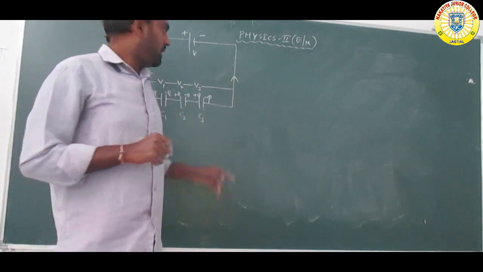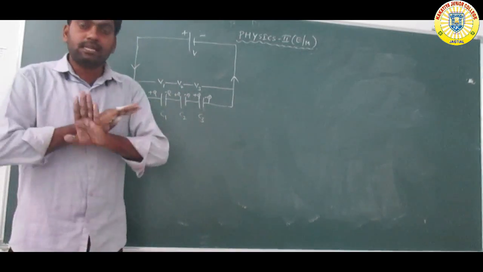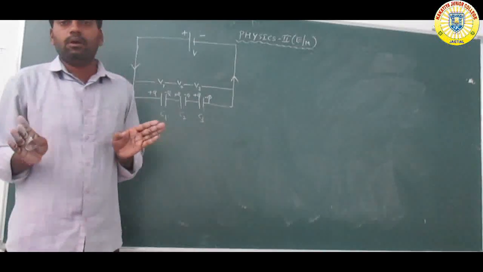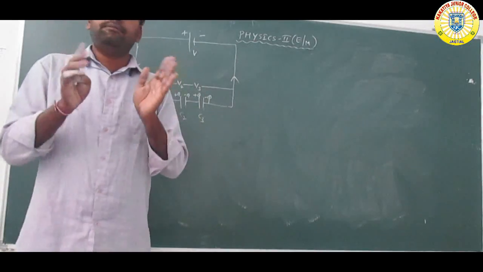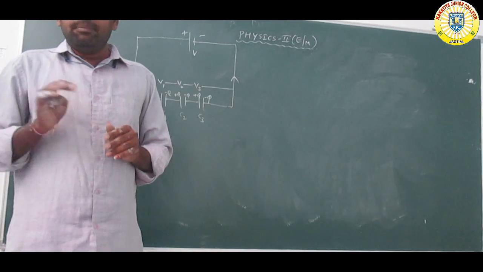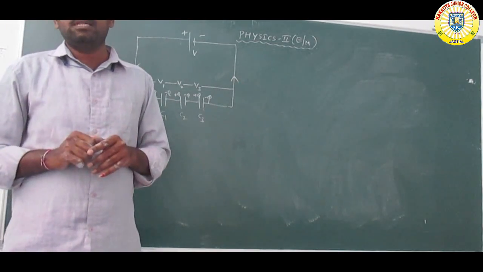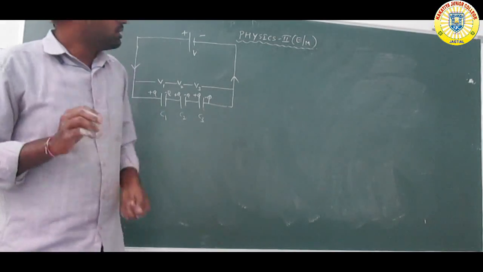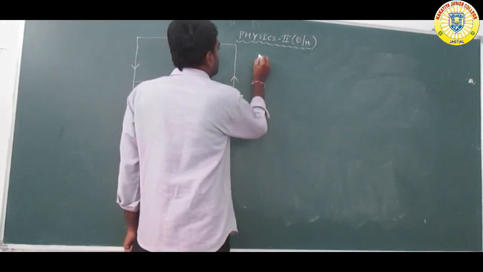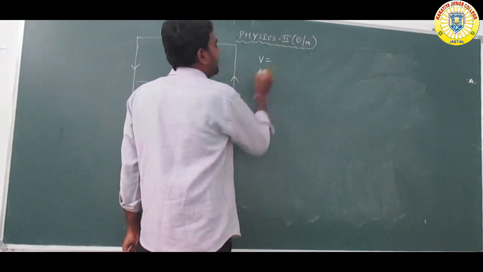The charge on each capacitor is the same, but the potential difference is different. That means V1, V2 and V3 are different. Now the total potential difference from the circuit diagram.